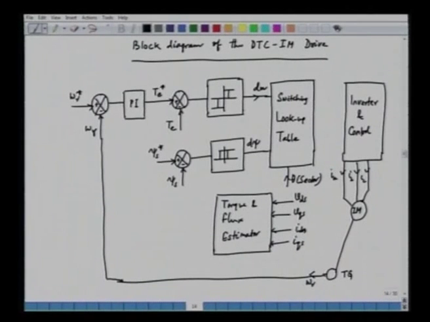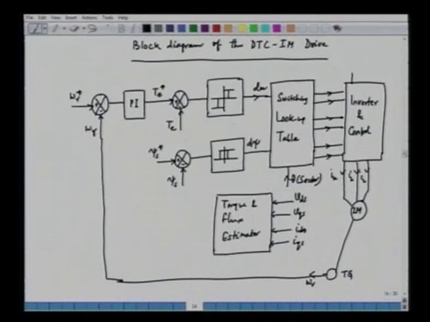And the switching lookup table will be giving the signal for 6 switches. The inverter will have 6 switches. So, these are the 2 switches of phase A, 2 switches of phase B, and 2 switches for phase C.